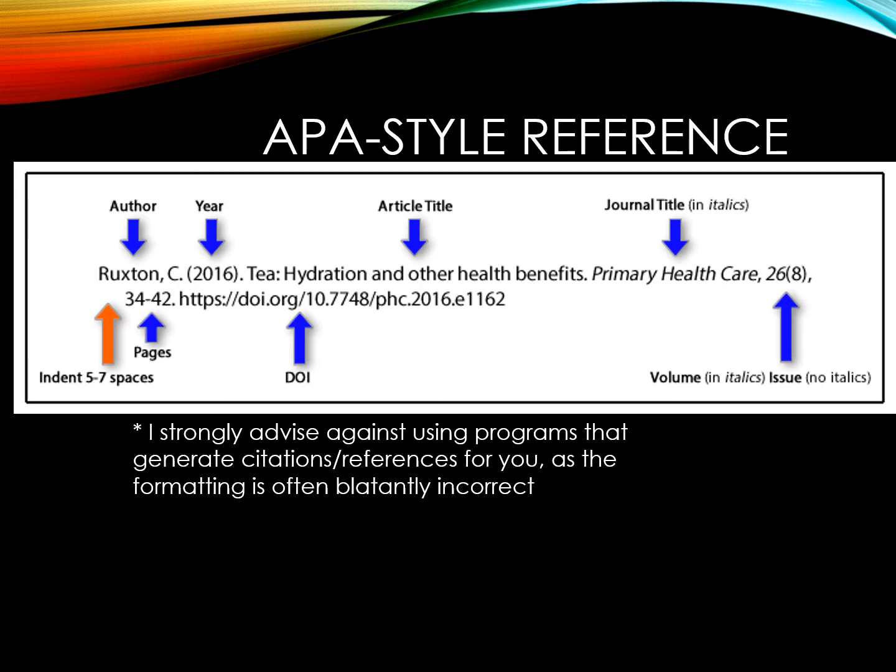There are some cases with older articles where they may not have a DOI number. If you do have difficulty locating it, please feel free to email me and I'll look into it for you and we can both see if we can find it. So make sure that you look very carefully at this example and use it as a resource as well as your APA tutorial rather than attempting to use Google or even Psycinfo.